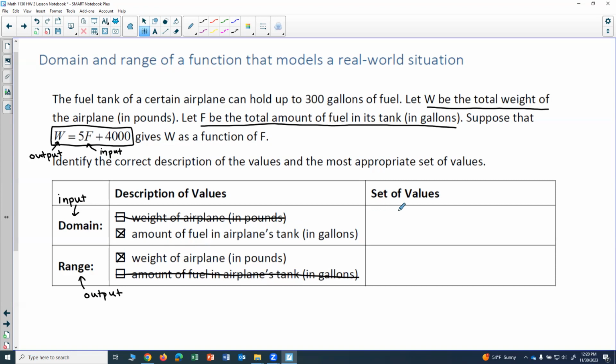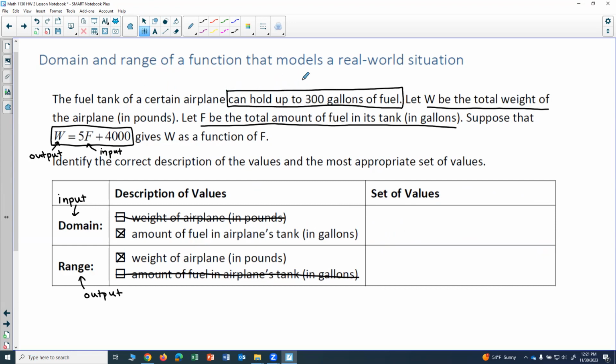And we want to figure out what set of values is reasonable for the domain and what set of values is reasonable for the range. Now, there's one key thing we're told. We're told that the fuel tank of a certain airplane can hold up to 300 gallons of fuel. It can't hold more than that.